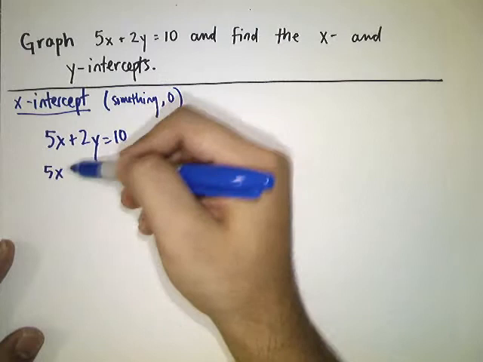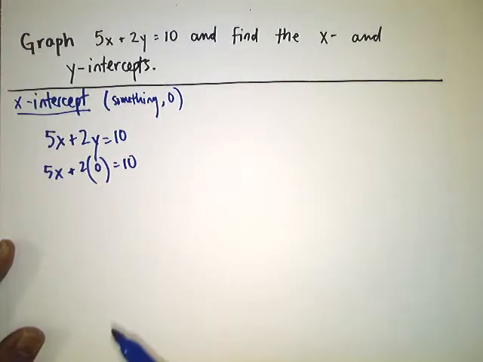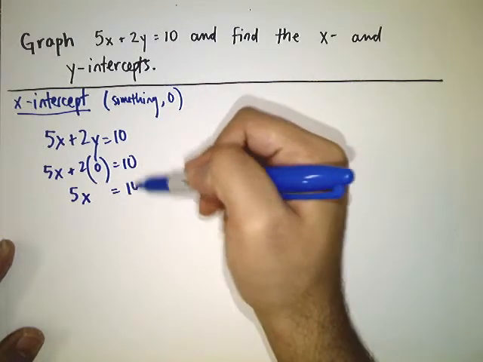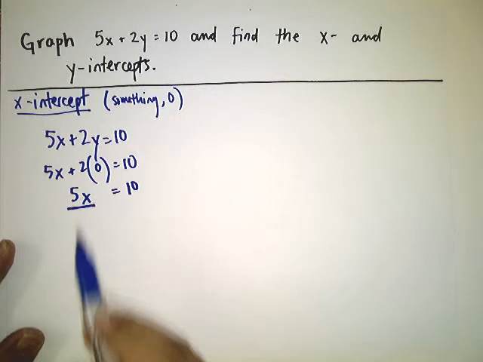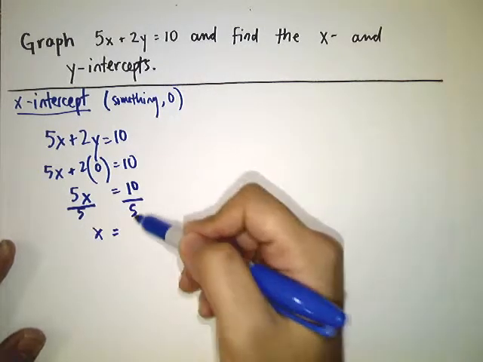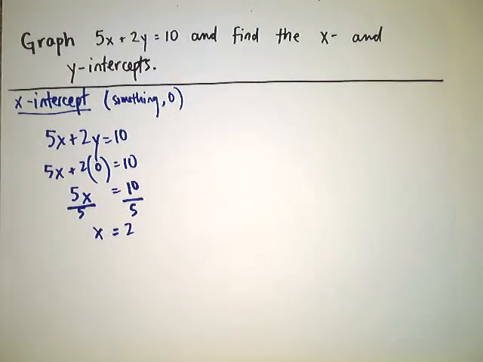So 5x plus 2 times 0 equals 10. Well, 2 times 0 is, of course, 0. It's 5x = 10. And I'll divide both sides by 5 to finish solving for x. 10 divided by 5 is 2. That's the something we were looking for.